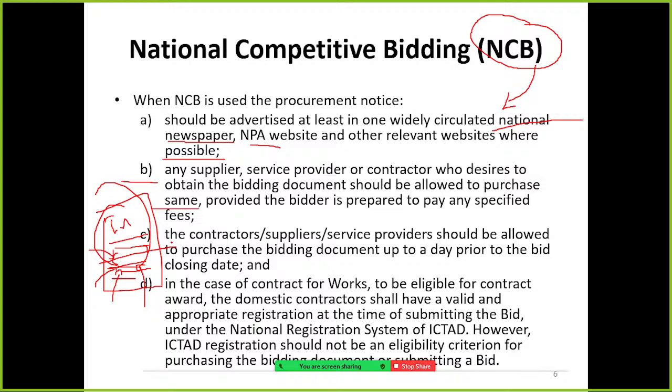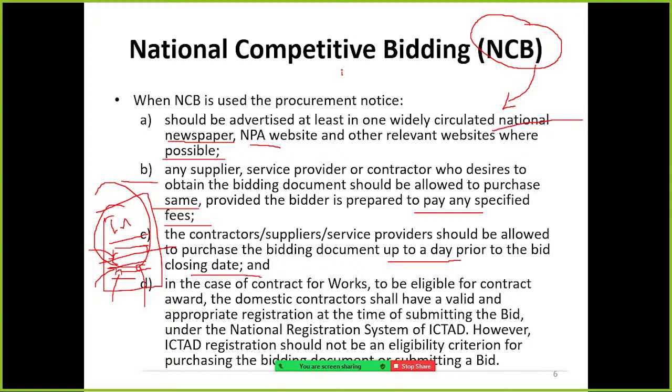The bidding document is the full length document which offers detailed information, provided the bidder is prepared to pay any specified fees. And the contractor, supplier or service provider should be allowed to purchase the bidding document any time prior to the bid closing date.